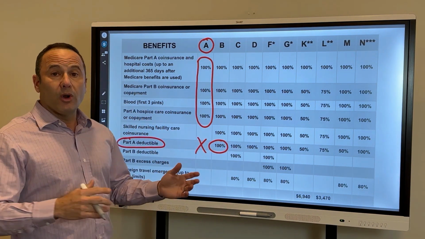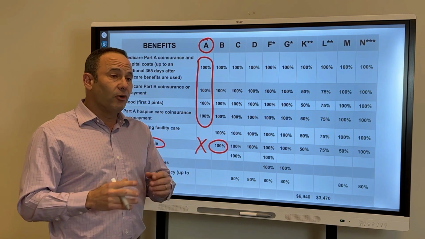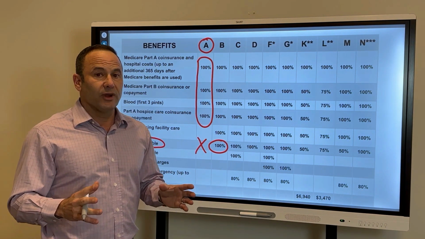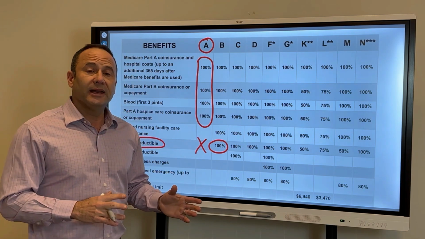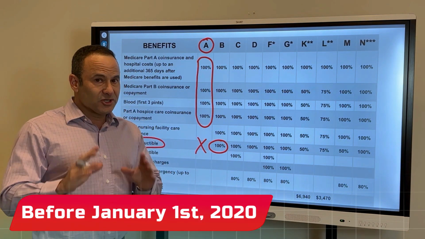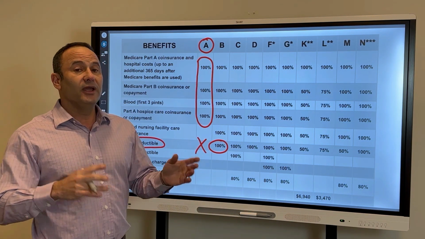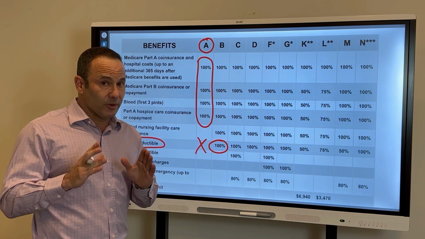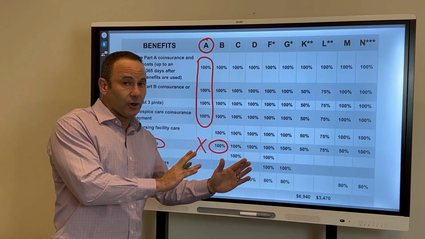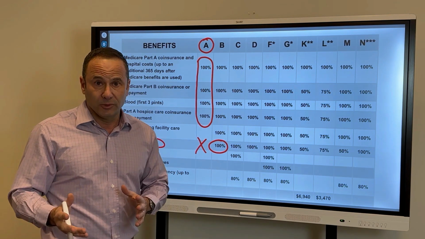Now, what if you wanted the Part B deductible covered? Well, the Part B deductible is sort of a tricky situation right now because if you went on to Medicare prior to January 1st of 2020, you can still get coverage for your Part B deductible. Now, if you went on to Medicare January 1st, 2020 or after, you cannot get a plan that covers the Part B deductible anymore.